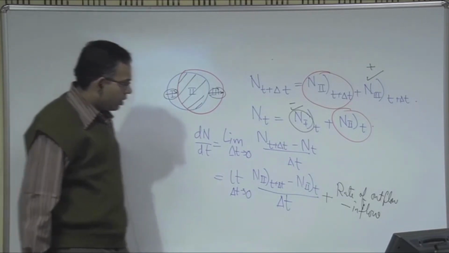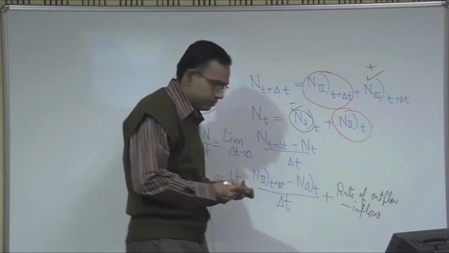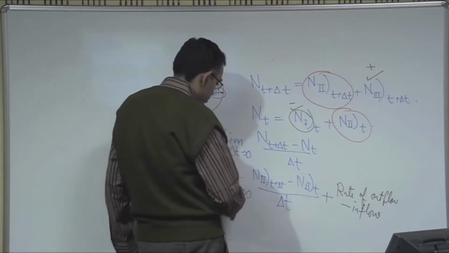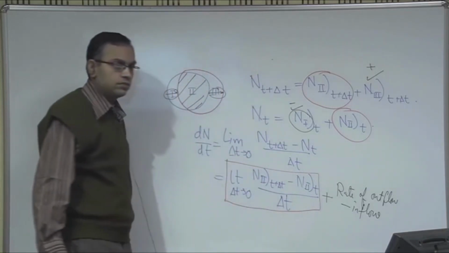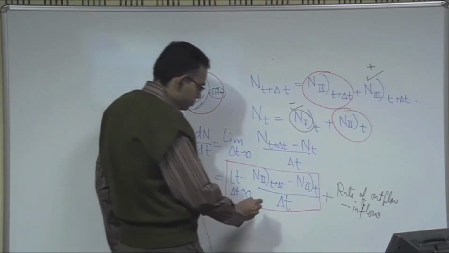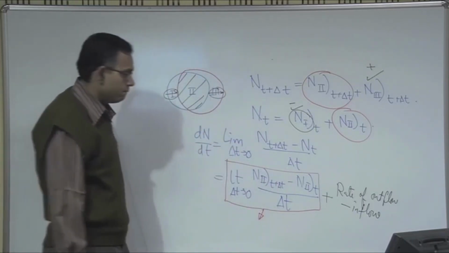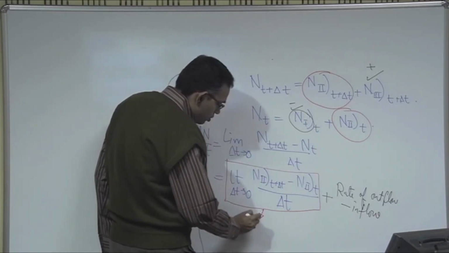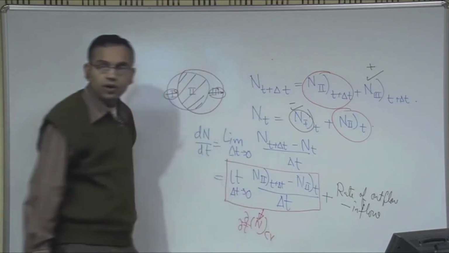Now, let us think about the first term. What is this? This is the rate of change of N with respect to time within the control volume.